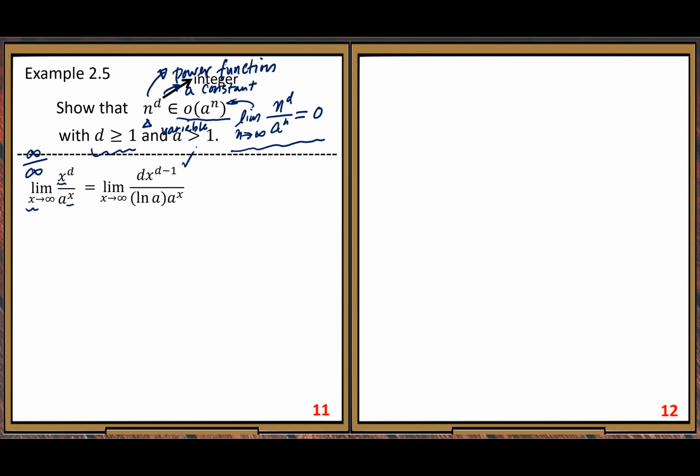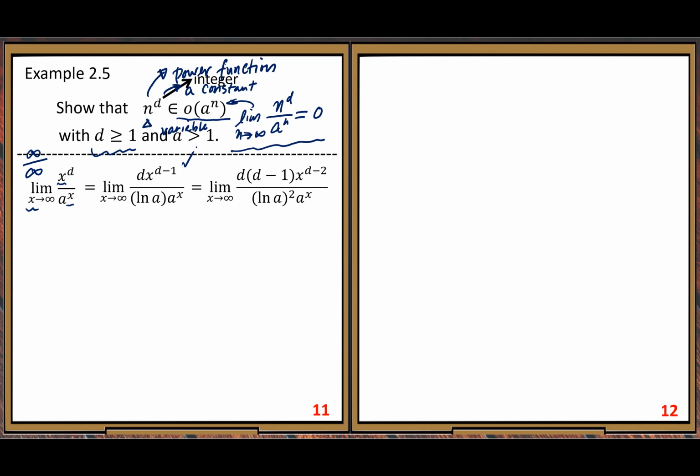You can also find this formula: natural log of a, that's the constant part, multiplied by the original exponential function, a to the x. After that, it is still an infinity over infinity indeterminate form, so you can apply L'Hopital's rule another time.